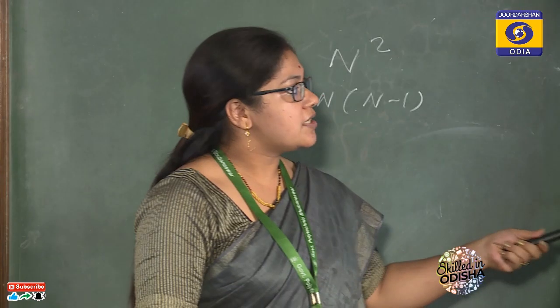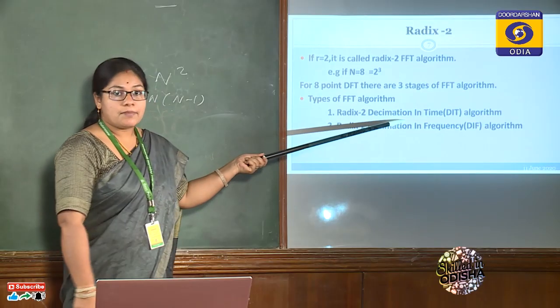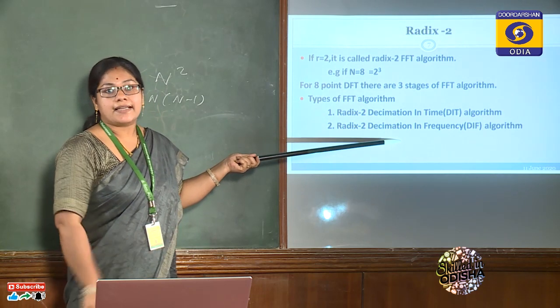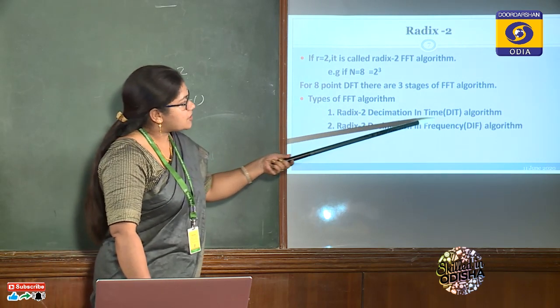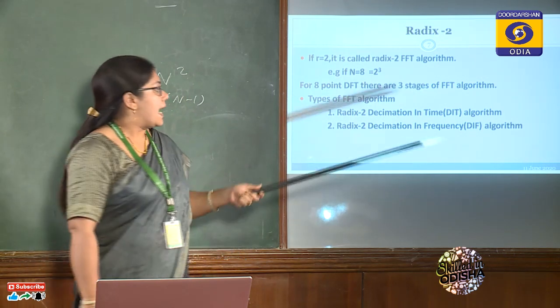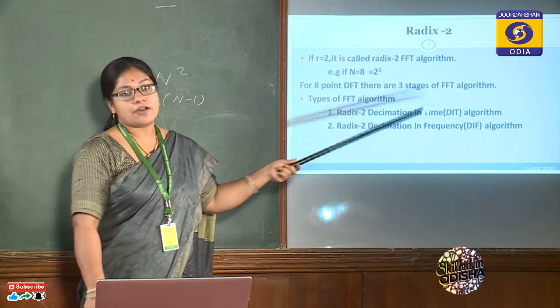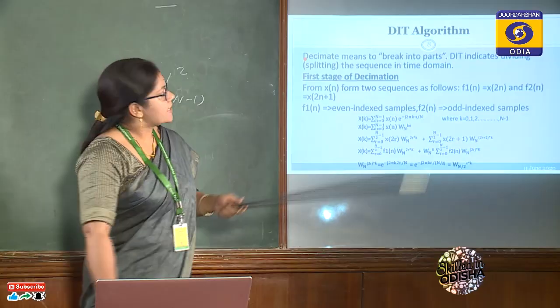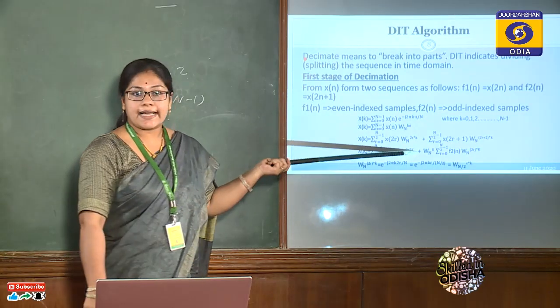Decimation means you have decomposed or split the entire DFT. Decimation in time means we are decomposing the time domain sequence, and decimation in frequency means we are decomposing in the frequency domain.